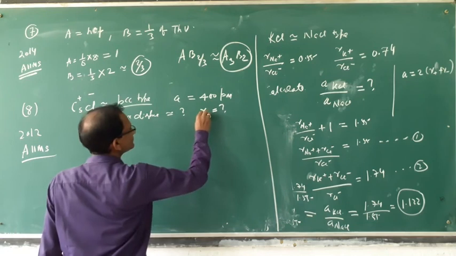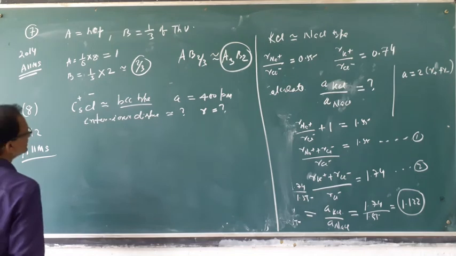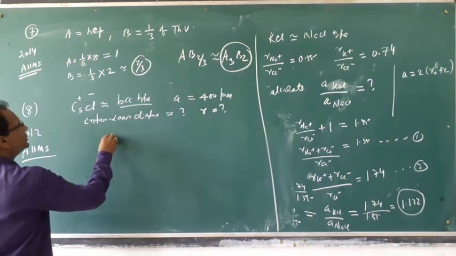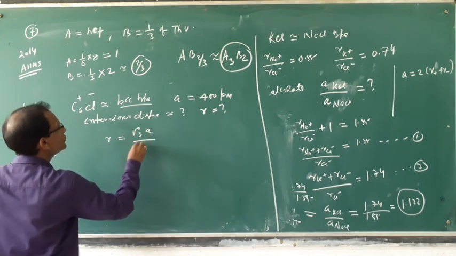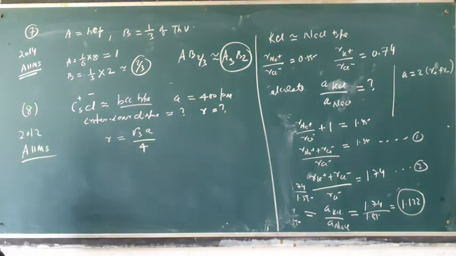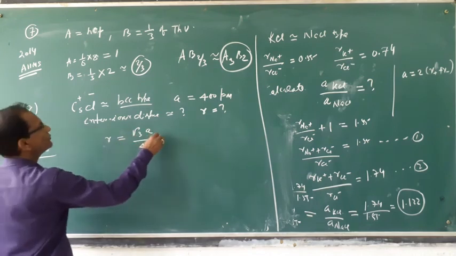Value of R will be calculated. As it is BCC type, you have to use the formula. Which formula? R is equal to root 3 a by 4 for BCC. This formula you have to use. The formula we have already discussed in the previous lesson. We have to practice the formula. R is equal to root 3 a by 4.